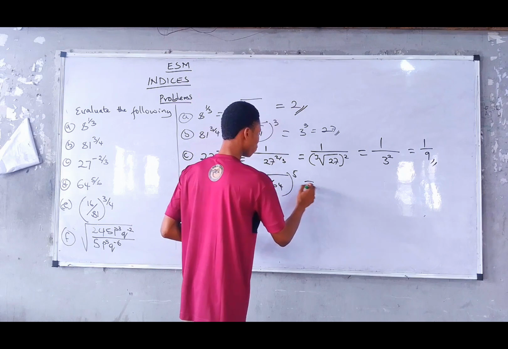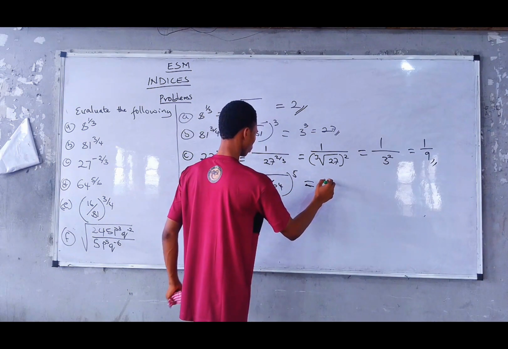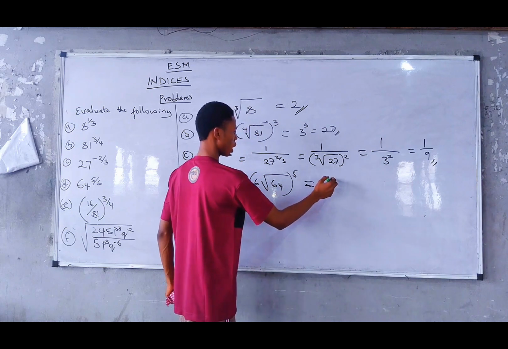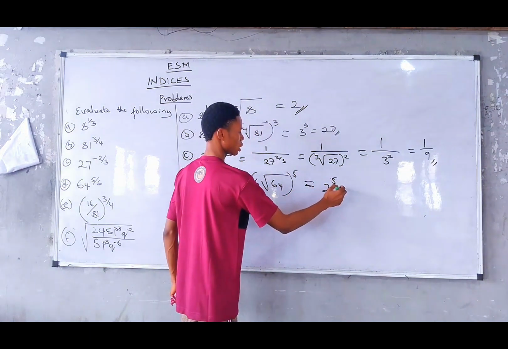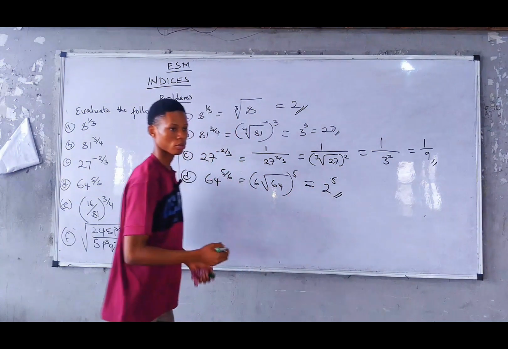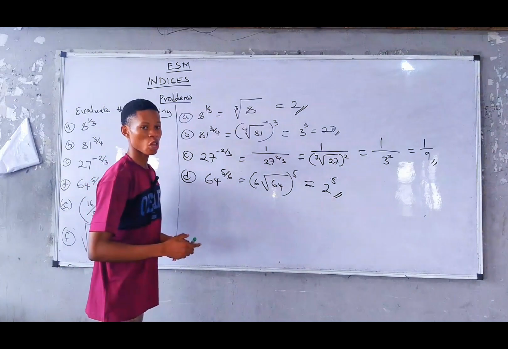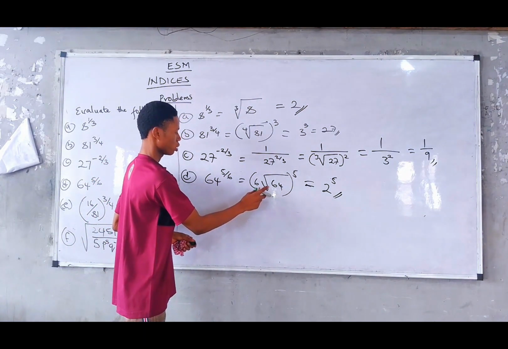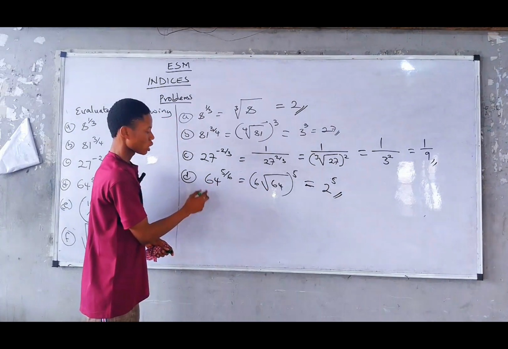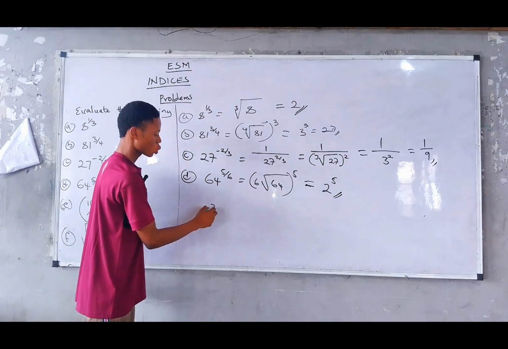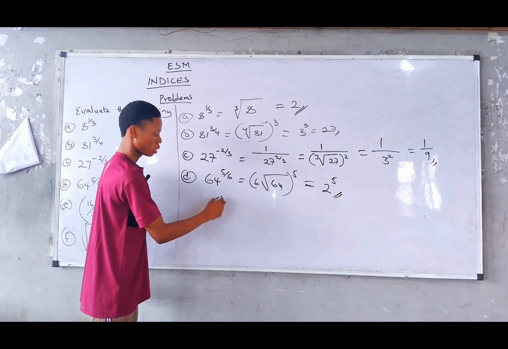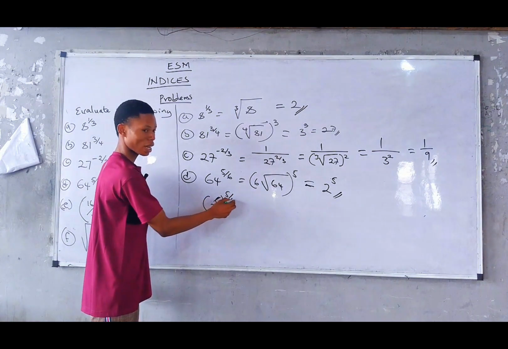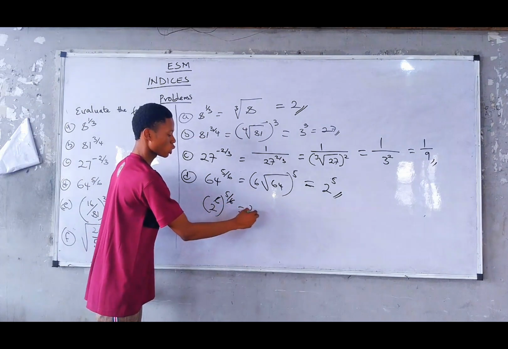So we'll have 2 raised to power 5, right? You can leave it like this. Or if you don't want to follow that way, from here, 64 is the same thing as what? 2 raised to power 6, right? Raised to power 5 over 6, is it not? 6 can cancel 6, and I'm left with 2 raised to power 5.